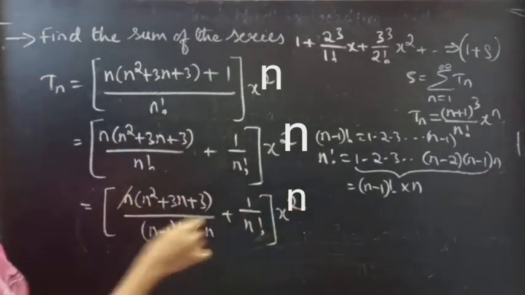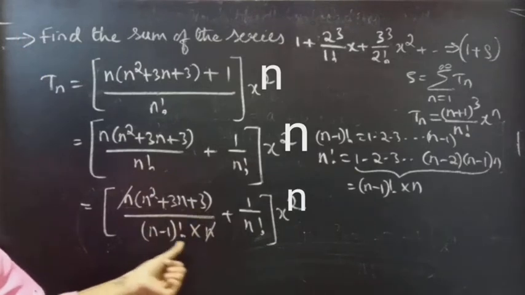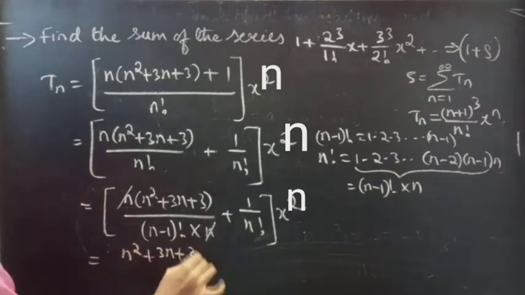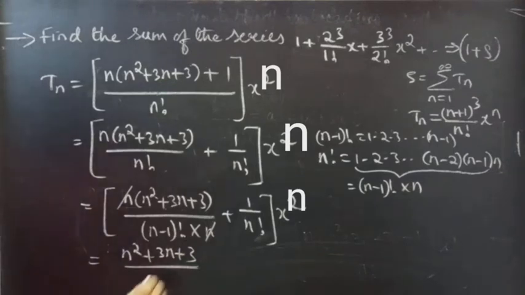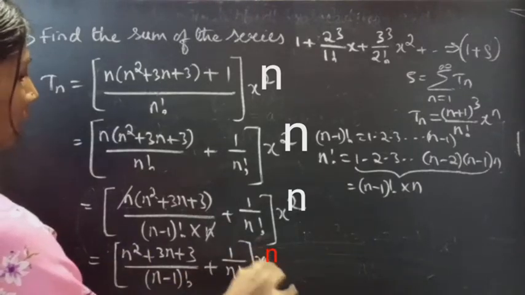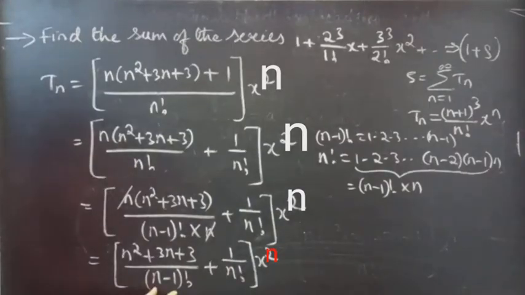So here you'll cancel n, then we'll get n square plus 3n plus 3 by n minus 1 factorial, plus 1 by n factorial into x square. Since we are having n minus 1 factorial in the denominator of the first term, we'll change the numerator in terms of n minus 1.